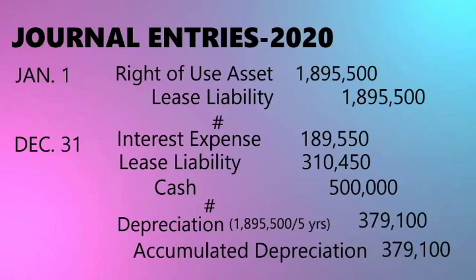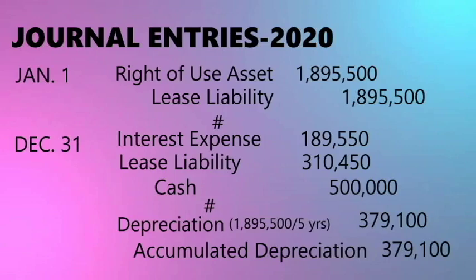So, debit interest expense, nakuha natin yun sa column na interest, which is 189,550. Debit na lease liability, which is nasa column ng principal, which is equal to 310,450. And credit na cash na nakalagay sa column ng payment, which is the sum of interest expense and lease liability.